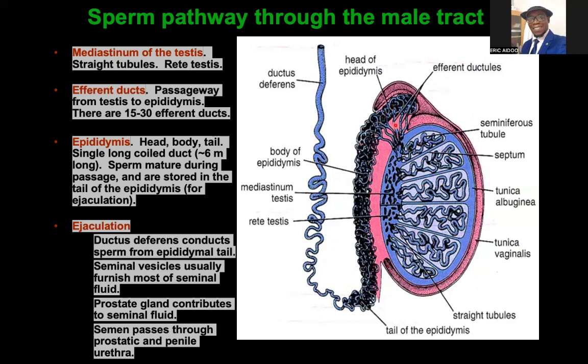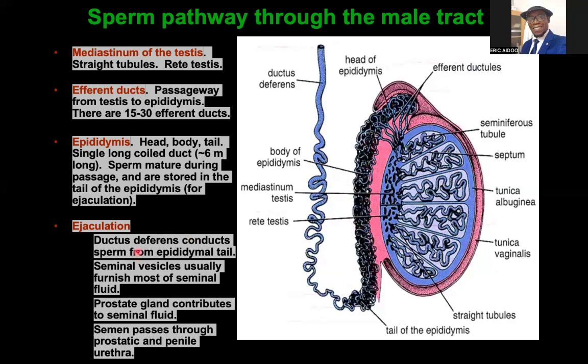Okay, so that is going to allow the spermatids, which came as a result of the development of the spermatogonia, into the sperm. The epididymis contains head, body, and tail. So that's the tail, that is the head, and that is the body.